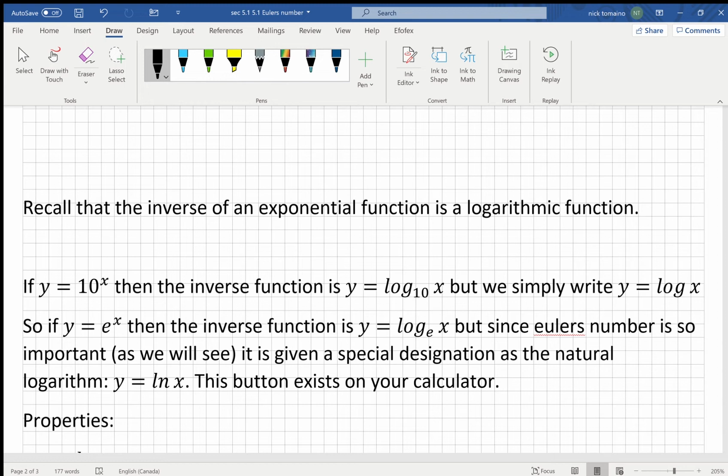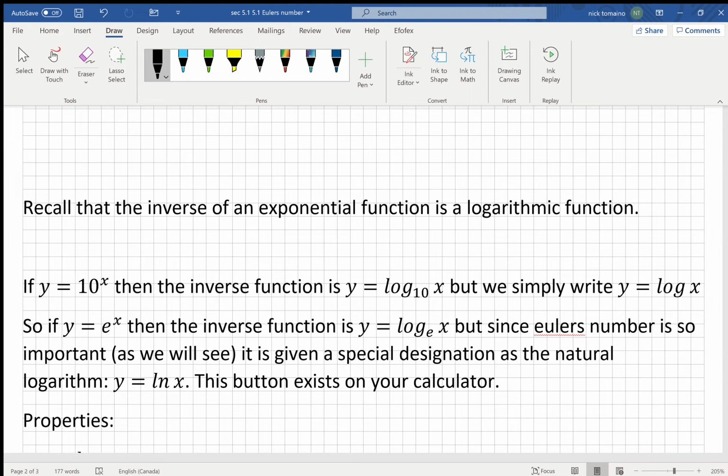So if we have y equals e to the x, remember what e is, the number 2.7182, etc., then the inverse is y equals log base e of x. But since Euler's number is so important, it is given a special designation as the natural logarithm. Instead of writing y equals log base e of x, we just write y equals ln x, and that's how you say it, ln x.